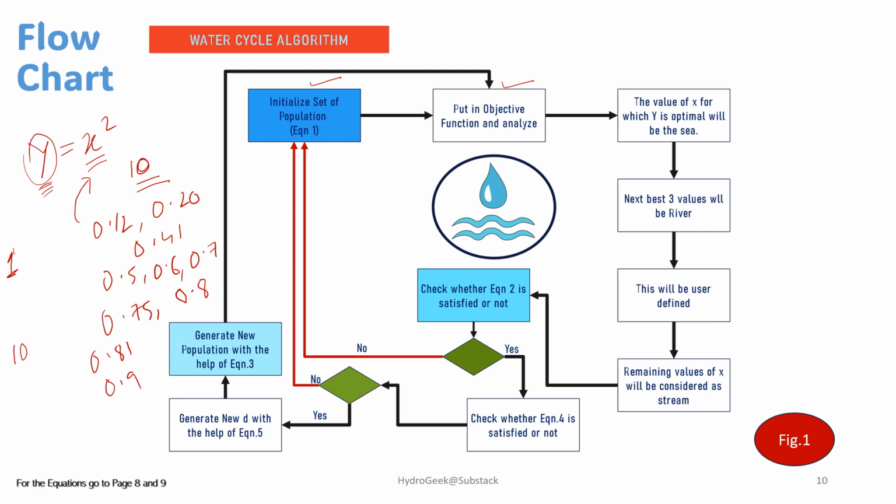That value of x will be the C, because C is the ultimate destination of water in a water cycle. So C is the place of the most optimal position of water. The value of x at which y is most optimal will be referred to as C.